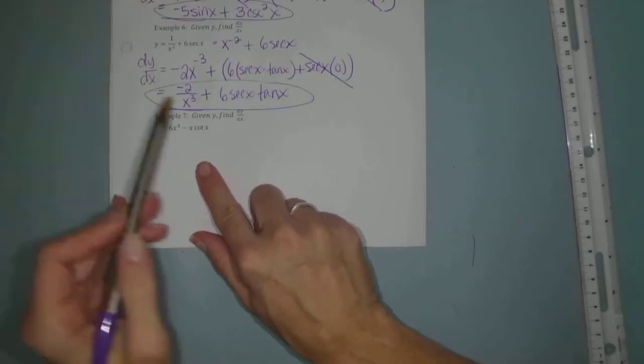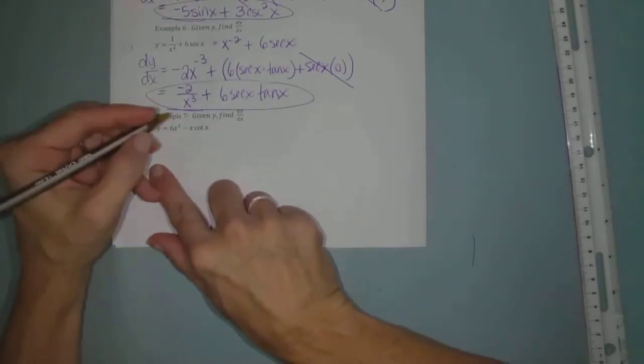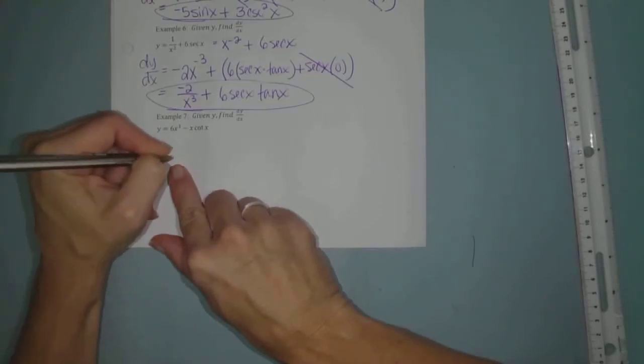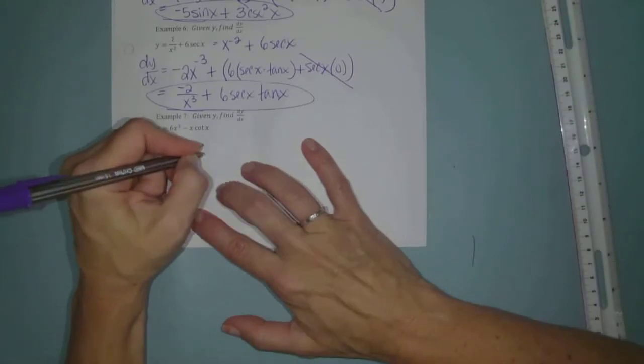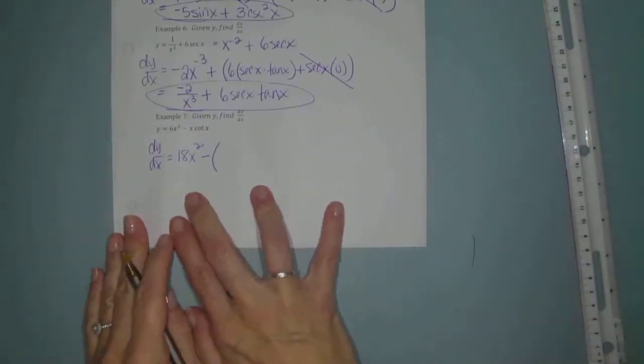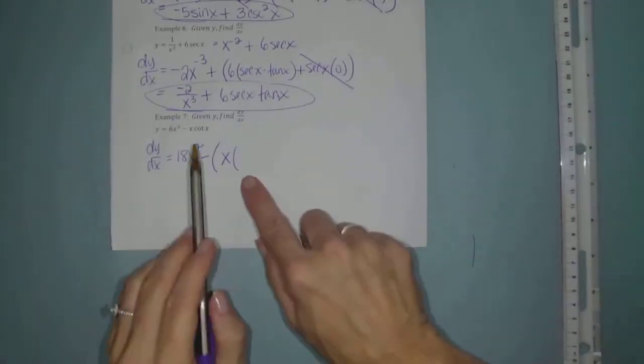Here is our y. And again, we've got a power rule followed by a product. So dy dx. The derivative of 6x to the third is 18x squared minus quantity first times derivative of second.